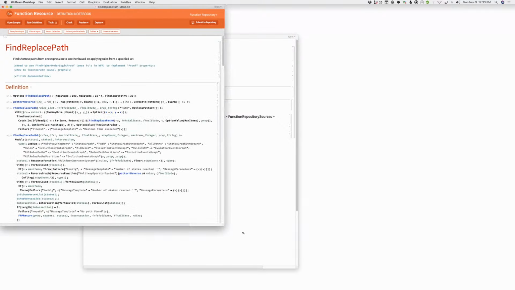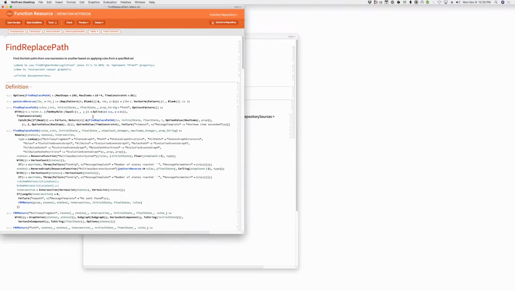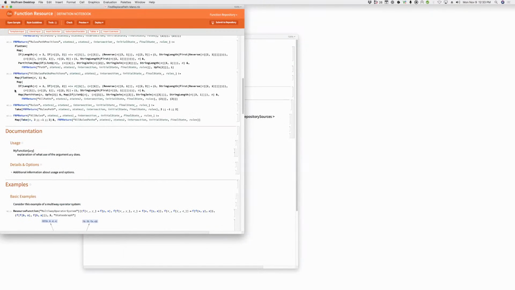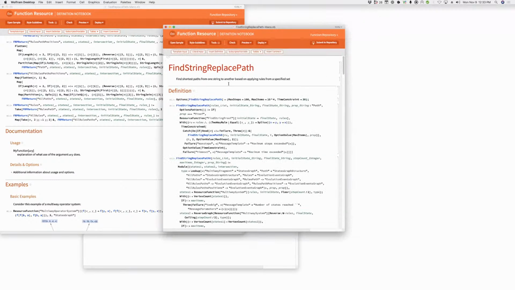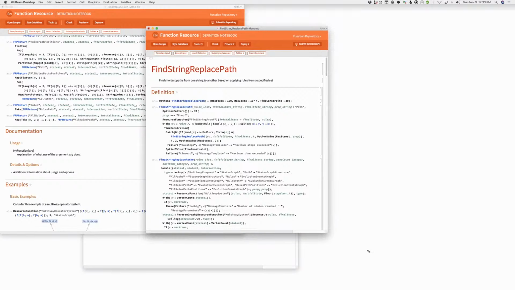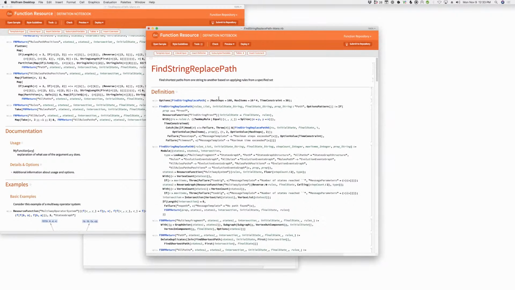I had a version, then we had a version that's based on multi-way systems. Then we had various other versions. Find string replace path. Let's take a look at what these things actually do. Let's look at find string replace path to begin with.